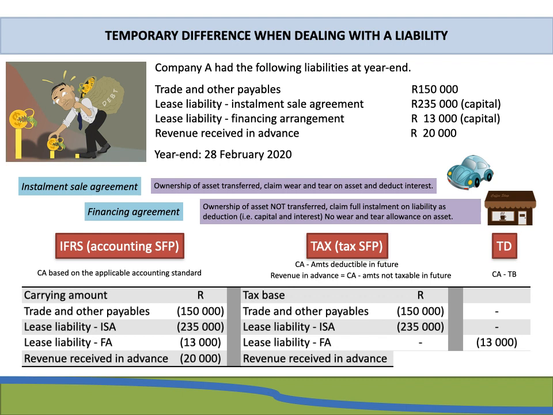So therefore, we're going to have 20,000 being the carrying amount, less 20,000 because we're not going to be taxed on that in future. We've already been taxed now when that was paid. Because when you're dealing with revenue, you are taxed at the earlier of accrual or receipt. And that gives us a temporary difference of 20,000 being the carrying amount less the tax base.